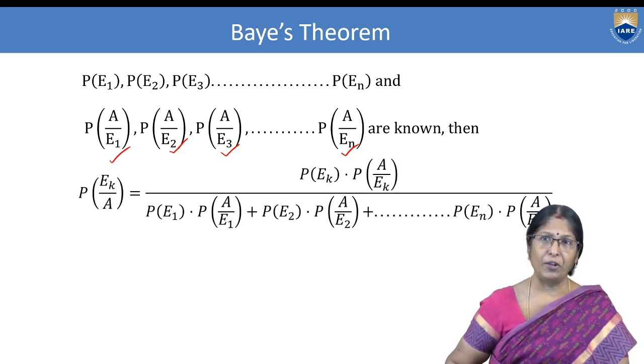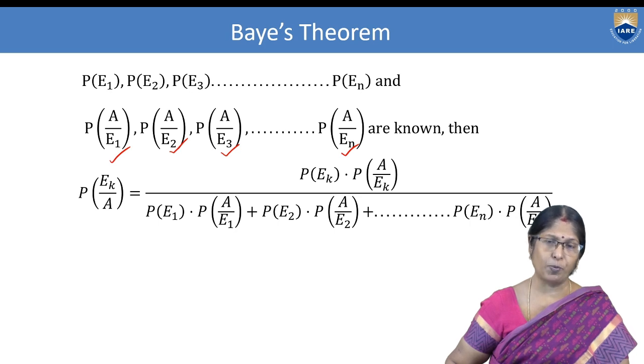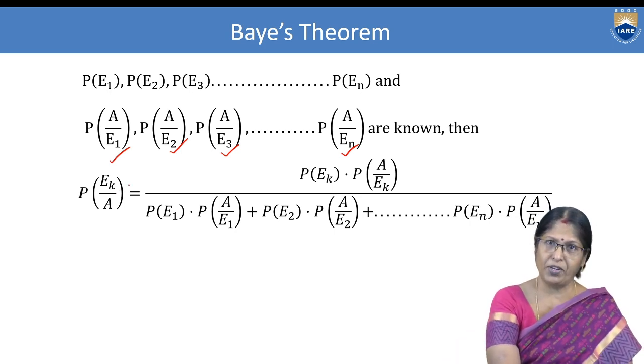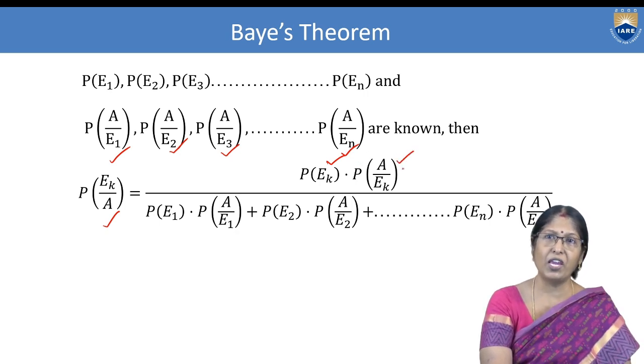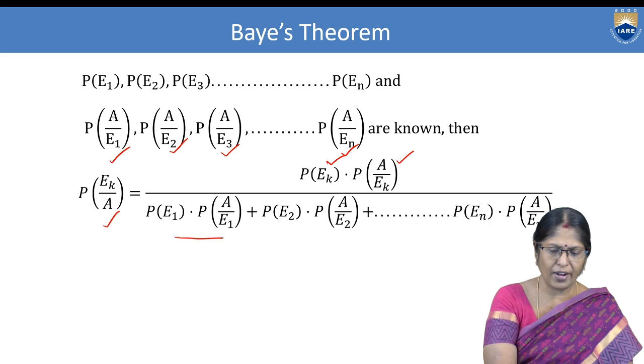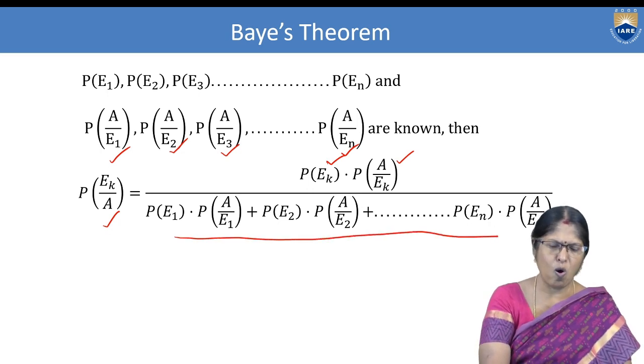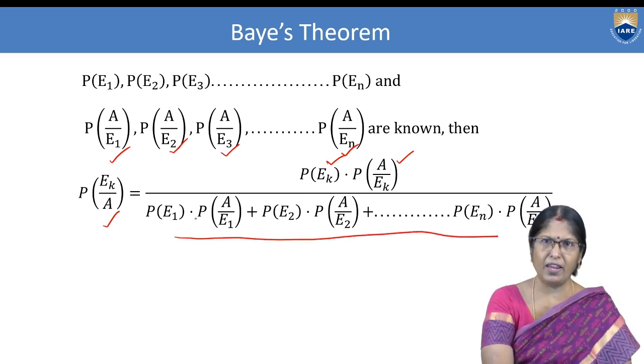Then we can define the Bayes theorem formula. The probability of Ek given A is nothing but the probability of Ek into the probability of A given Ek, divided by the sum over all the main events.